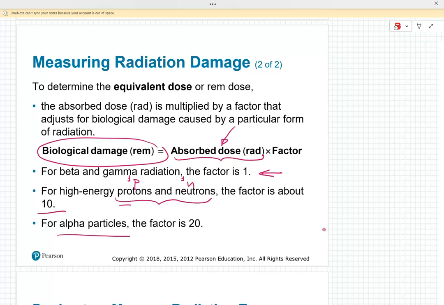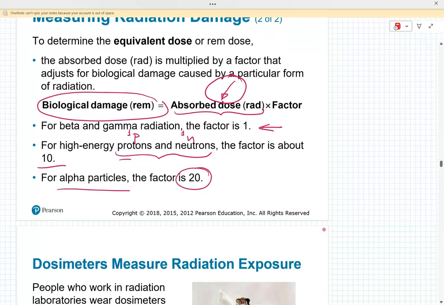Because when alpha particles are inside, then we're going to start talking about absorbed dose. When they are on the outside, absorbed dose is 0. Make sense? And since they are so damaging, when nothing protects against them, the factor is 20. Okay? Sounds good?